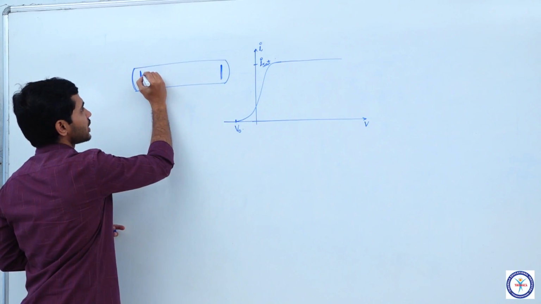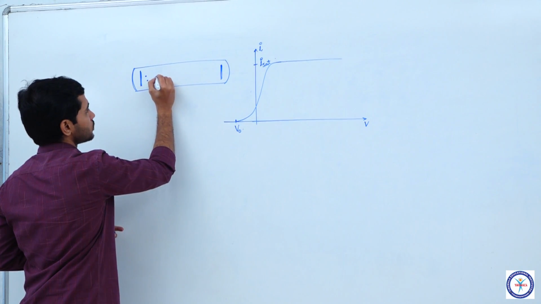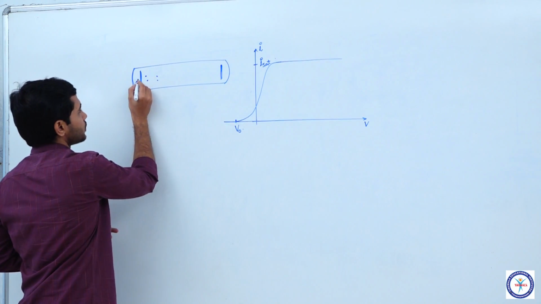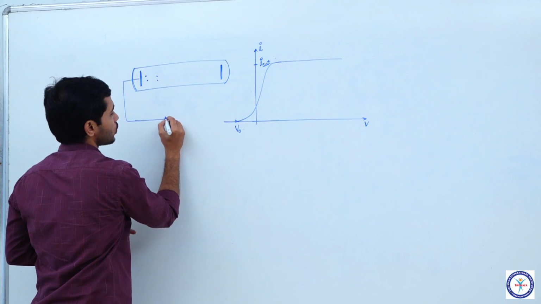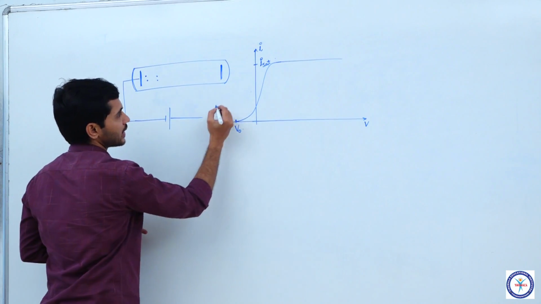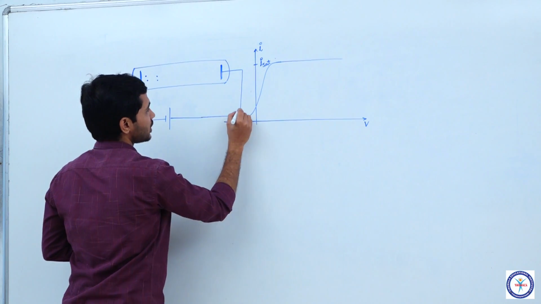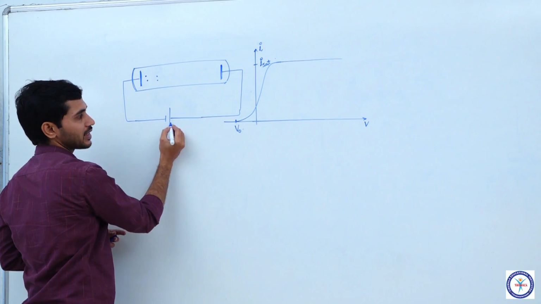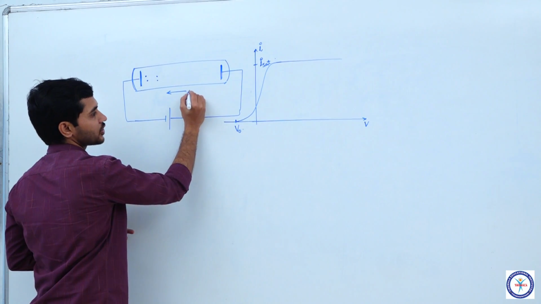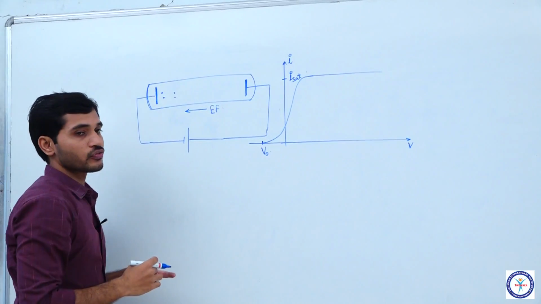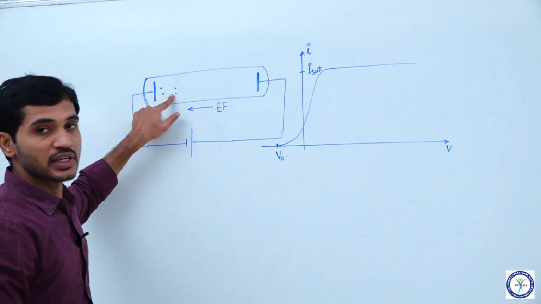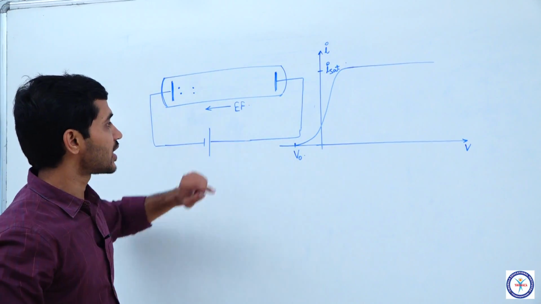Electrons are being ejected from over here, and because of placing a battery in this polarity, the electrons are being pulled in this direction. This battery creates an electric field in this direction, because of which the electrons coming out of the material will experience a force in this direction.